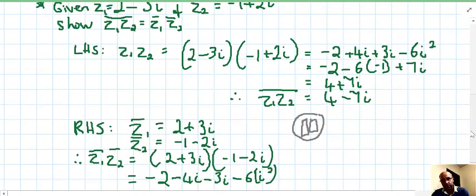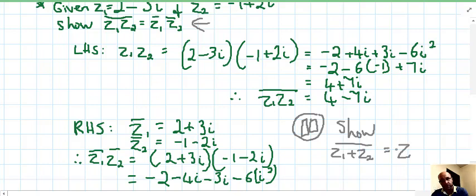We showed that. I want you to put this in your notes and then show me next time you see me that the conjugate of z1 plus z2 equals the sum of the conjugates. Use the same complex numbers by the way. You could use your own, but show that because that's a thing as well.